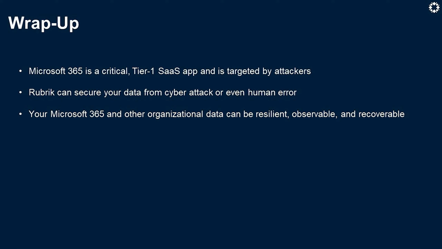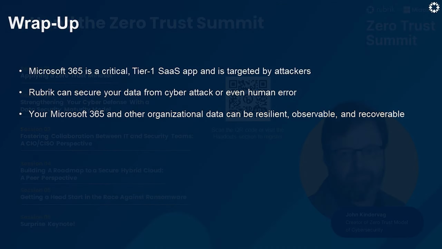So that way your data is secure, whether it's inadvertent deletion, whether it's a malicious threat actor situation, and your Microsoft 365 and your other organizational data can be resilient. You can have control, you can have visibility of that data, and you can be prepared for the inevitable attack, whether it's on-prem, in the cloud, or in SaaS.